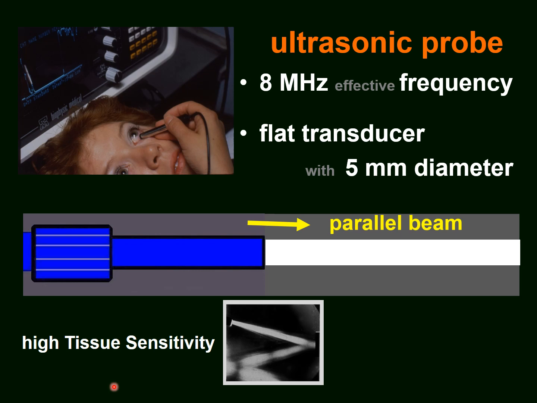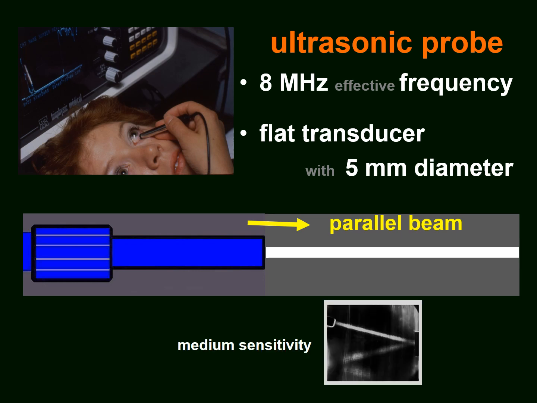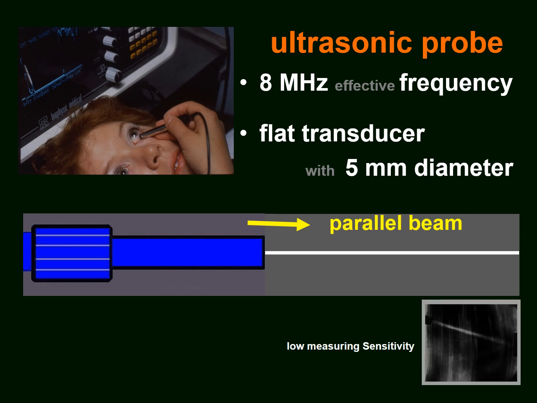At high tissue sensitivity, the beam is wide, here seen in a Schlierenfeld picture. At medium sensitivity, the beam is narrower, and at low measuring sensitivity, the beam is very narrow.